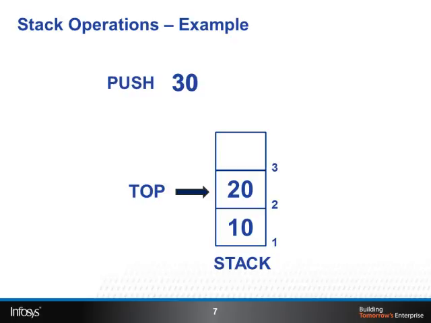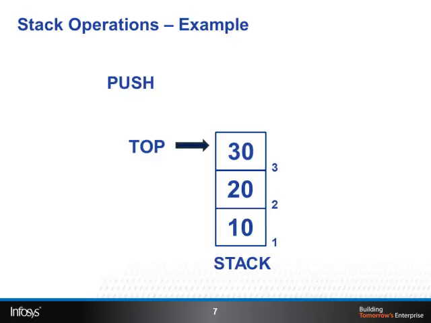For that, we will use the push operation, which will insert the new element on the top of the stack. Please note, with this operation, the position of the top is also changed. Now, top is at position 3. Now, the stack is having 3 elements.